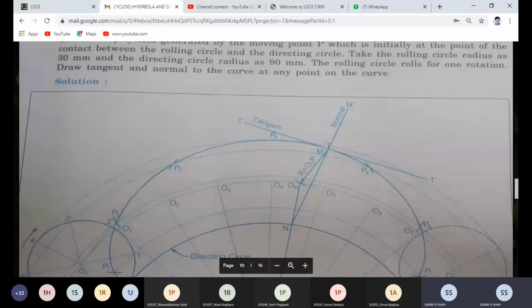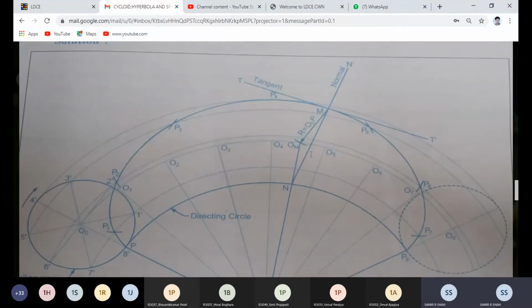We know what we have to do, or what the first step is. Mark the point M on the curve. Take center at M and radius equal to the rolling circle, that is 30 mm, and we get the point OM. The same process we have to follow which we already completed in the cycloid.